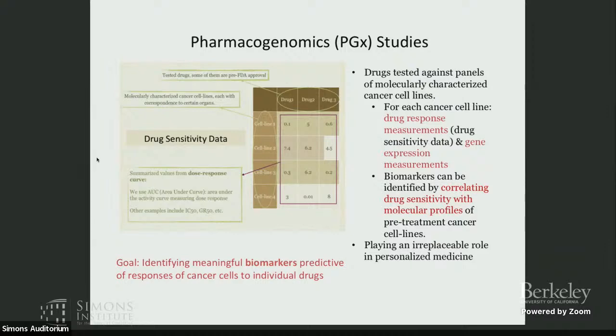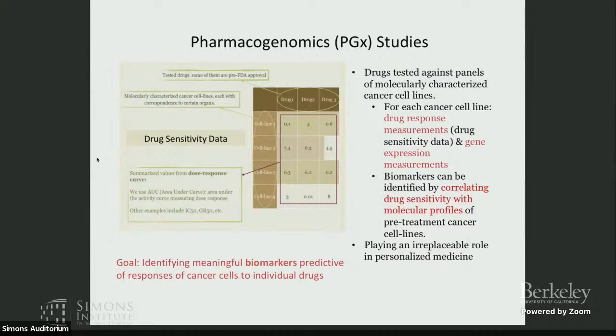So the drug sensitivity data is the data we have been focusing on, and you can see that in the matrix here, the columns are drugs, which can be FDA approved or pre-approved drugs. The x-axis here are cancer cell lines, and we also have molecular profiles associated with these cell lines. The values here are summaries of drug dose response curves.